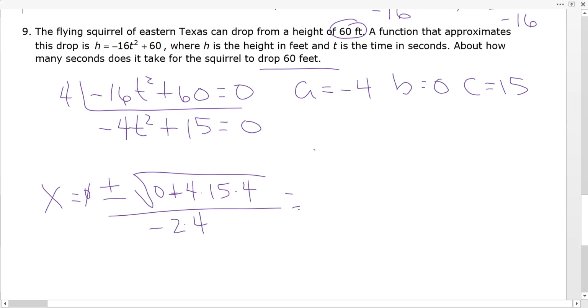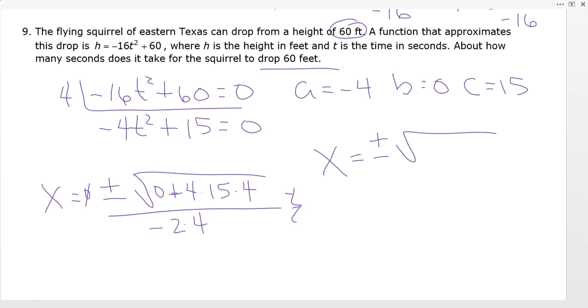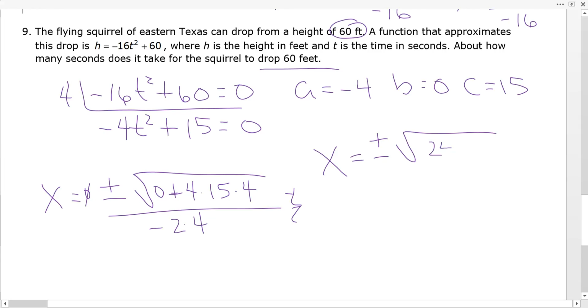So I have x equals plus or minus the square root of 4 times 15 is 60, and 60 times 4 is 240. Over negative 8.